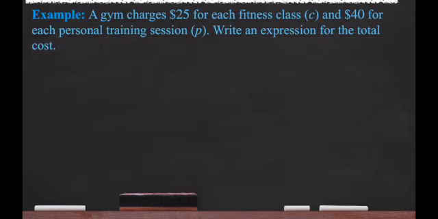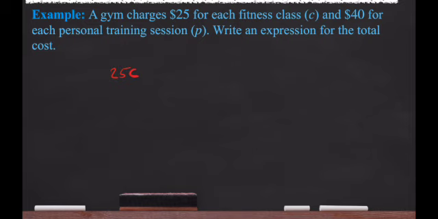Okay, well, we know that the fitness class, we do not know how many classes we actually have. So we're going to do a class, but we also know that they charge $25 for every single class. So that would end up to be $25 times however many classes we have.